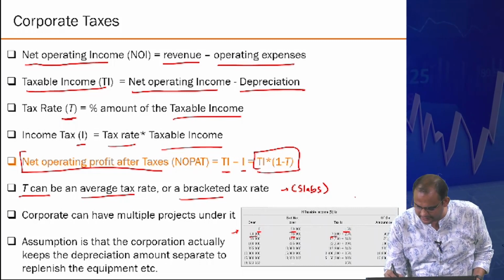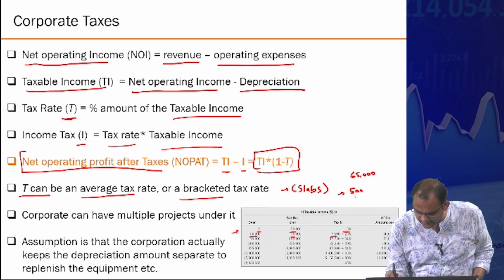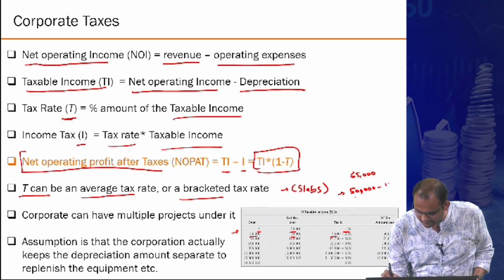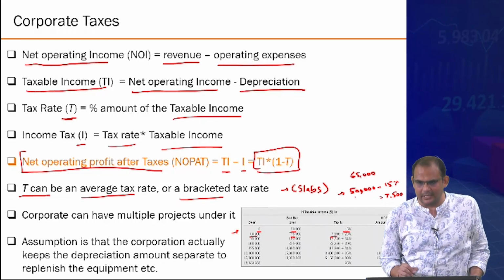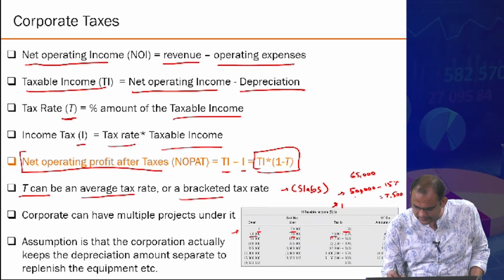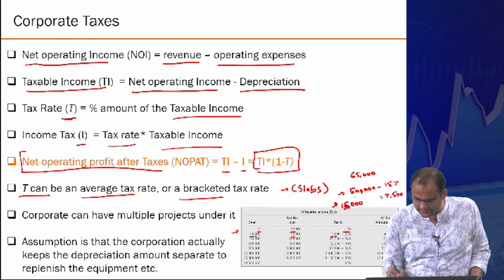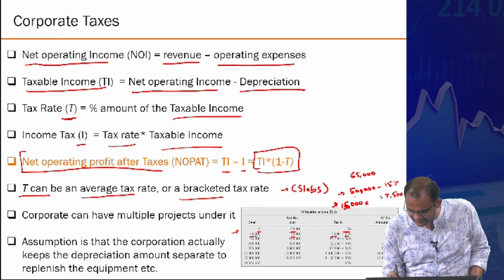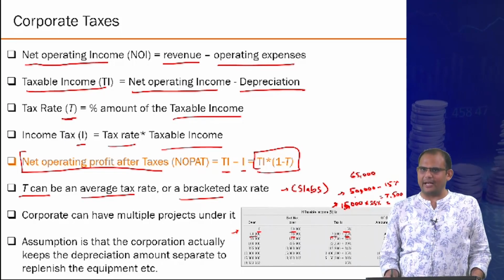Let's say your income is $65,000. On the first 50,000, you are paying 15%, which is $7,500. The remaining $15,000 you will be paying at a 25% rate, which will come out to be some value, right?